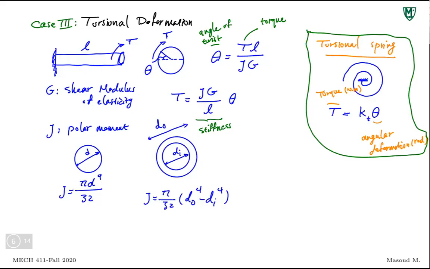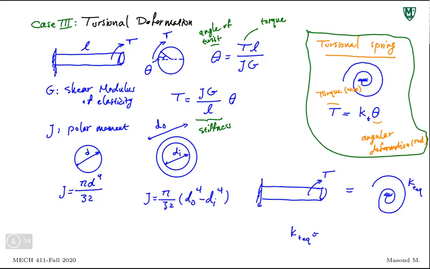So the equivalent of this shaft, it's a very ugly shape, would be a torsional spring with KT equivalent, and this KT equivalent for your system would be JG over L.